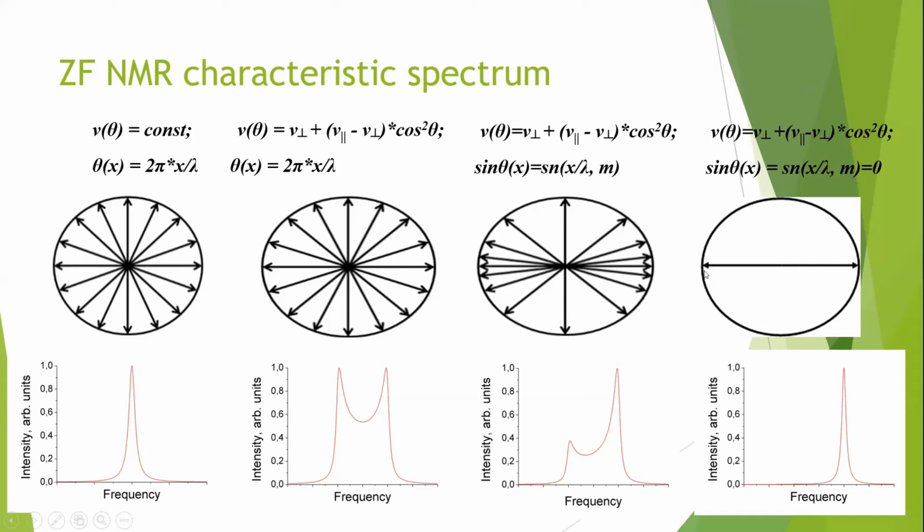And if you have a collinear structure, for example this type, when all the vectors are directed along the propagation vector, you have only one line. If you look at this line and this line, you see that this line is in the center, centered at some frequency, and this line is shifted to the right, to the easy axis type of anisotropy.